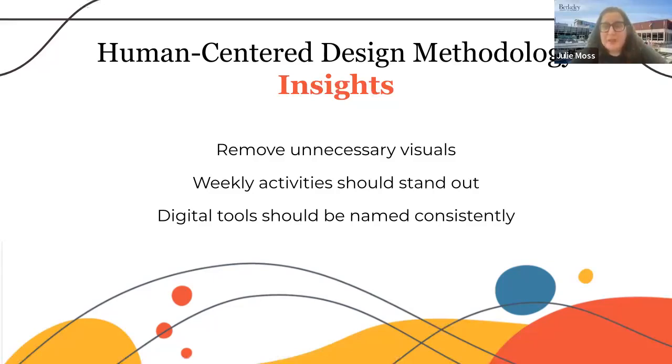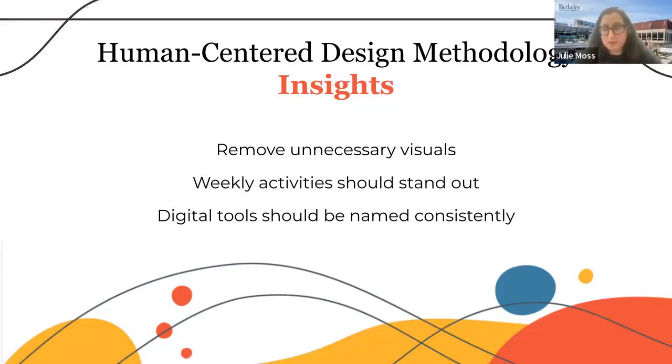Some of the feedback we received was: remove unnecessary visuals, and make sure that weekly activities stand out. Even though our courses had checklists based on adult learning theories, with each weekly module having checklists, we were still hearing that students would like a little more emphasis on the weekly activities to complete.